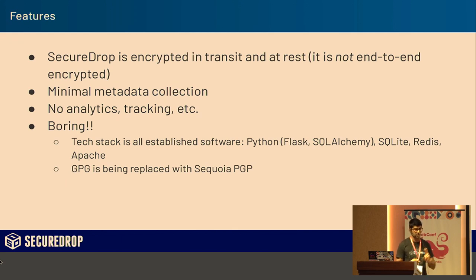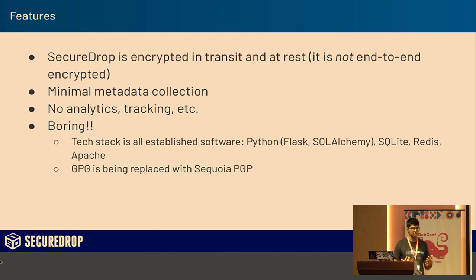There's no analytics, there's no tracking, even logging is incredibly minimal, just for error tracebacks and stuff. We really don't want to know what's going on, and we don't want what's going on to exist on the server itself.